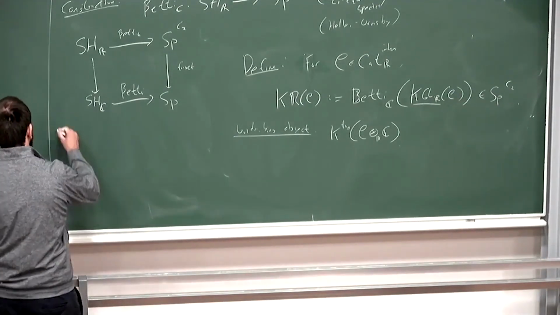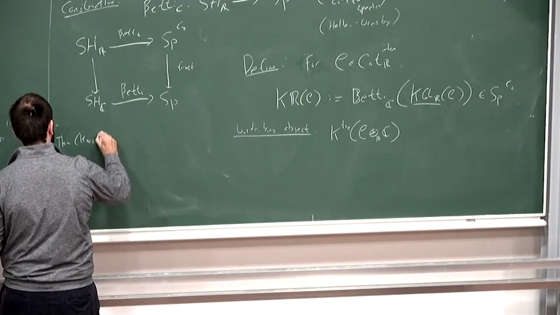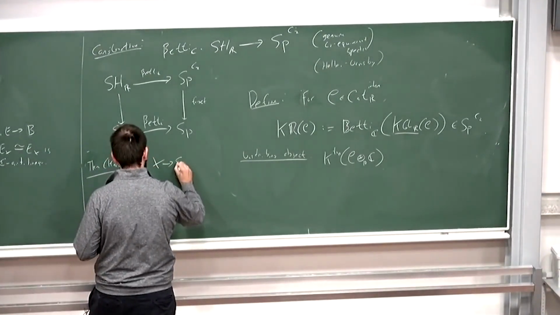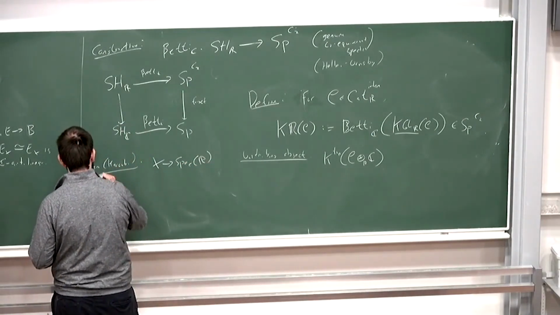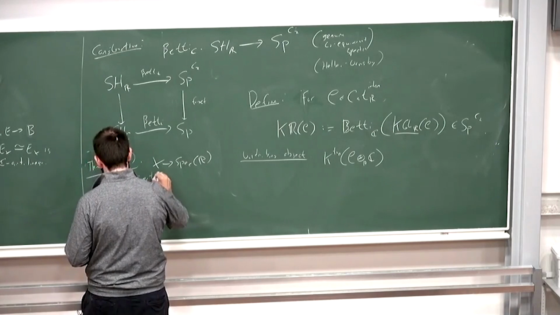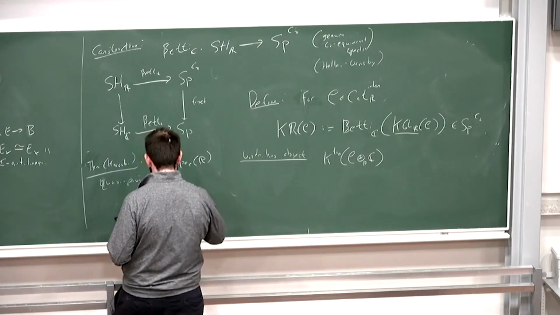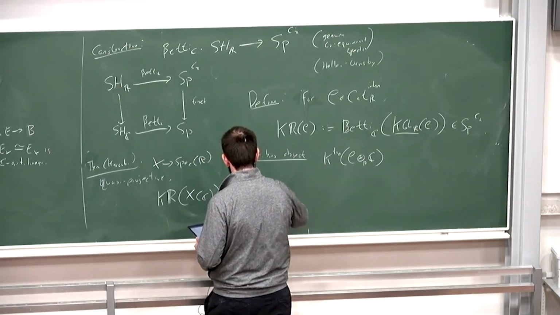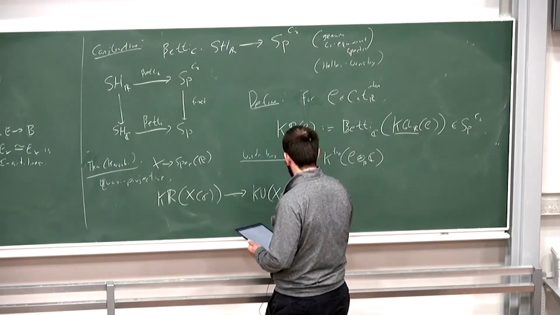So the proposition, first let me state quickly a theorem of Karoubi, which says that if X is a real quasi-projective variety, then we have this map from the KR of the complex points of this, which will just be the naive C2 fixed points of the complex points.